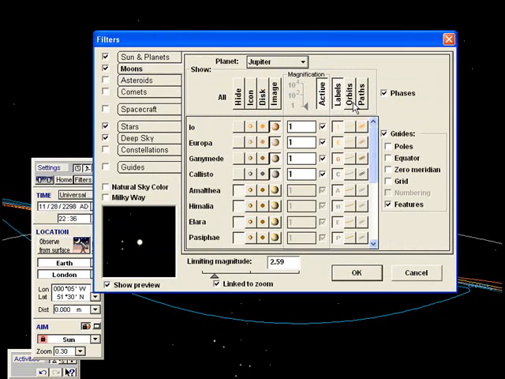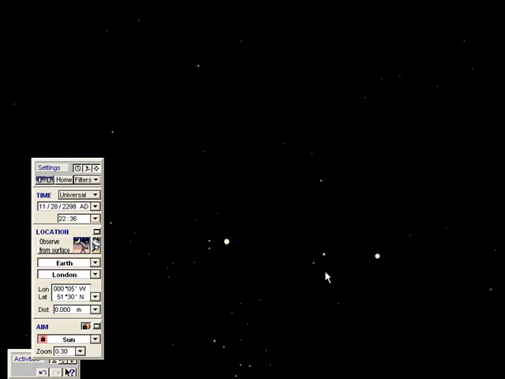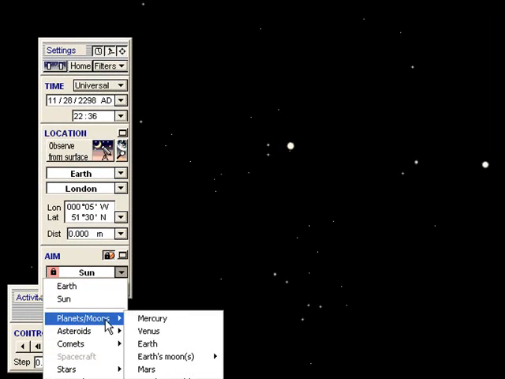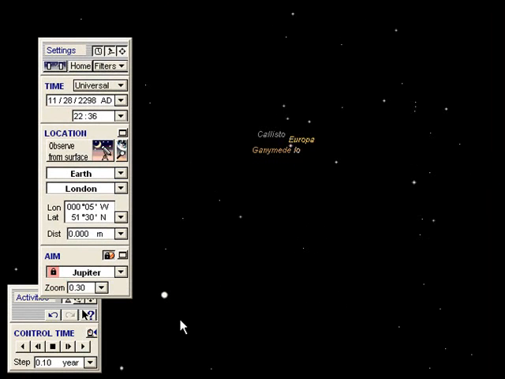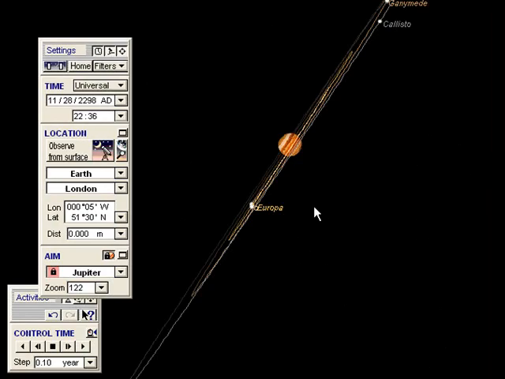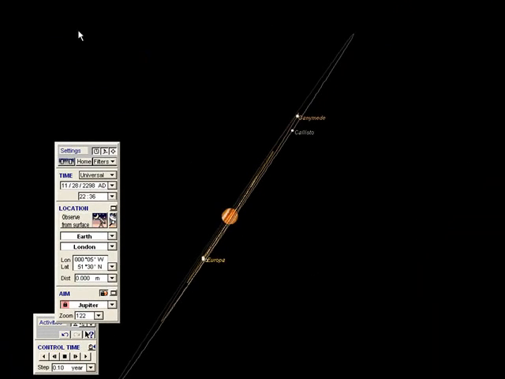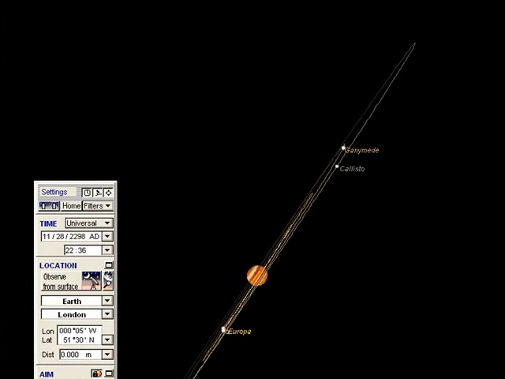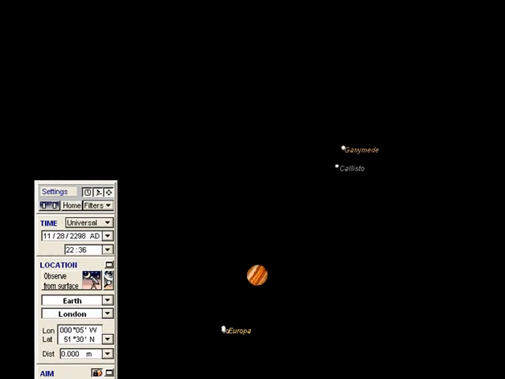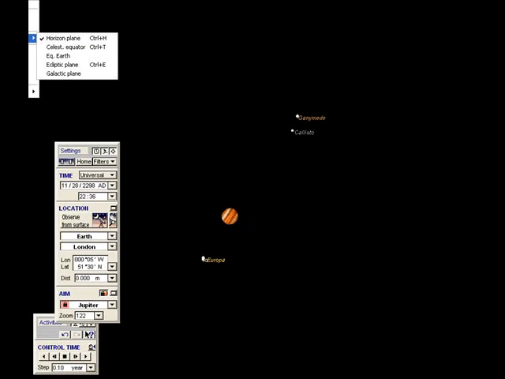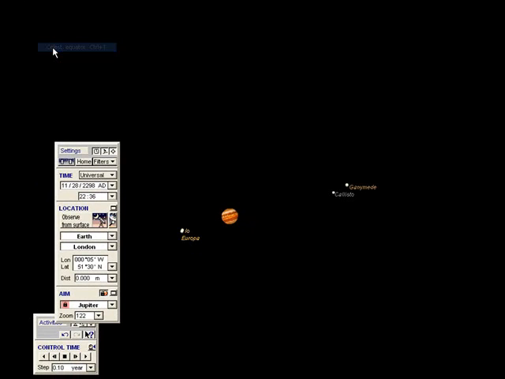I'm gonna put the orbits here. Okay, now I'm gonna look at Jupiter. There it is, and I'm gonna zoom in a certain amount. Let's see if this works. Okay, actually I don't want to have the orbits. That's an overkill. Get rid of those. And I'm gonna turn this one here to use, this one is probably working. Okay, that should be good enough.